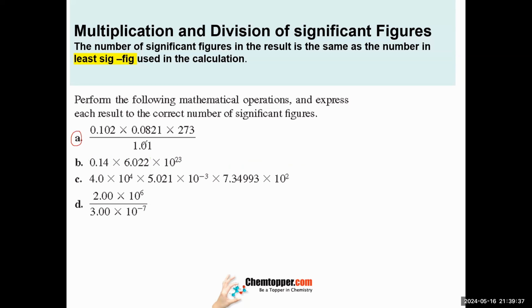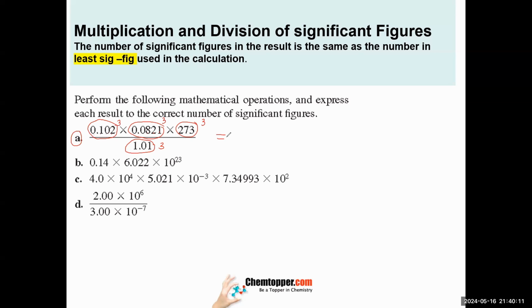Now let's see this A part. In this case, how many significant figures here? Leading zeros not counted, captive zero counted. So 1, 2, 3. 3 here. How many here? Leading zeros not counted. 1, 2, 3. How many here? 3. How many here? 3. Captive zero counted. So the final answer should be in how many significant figures?